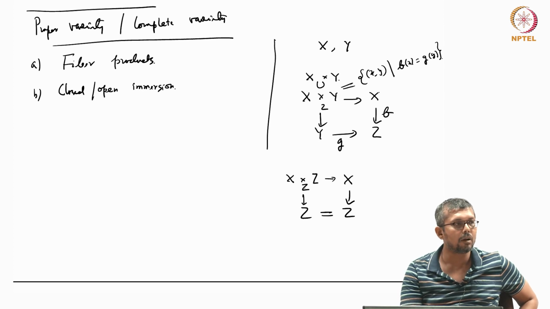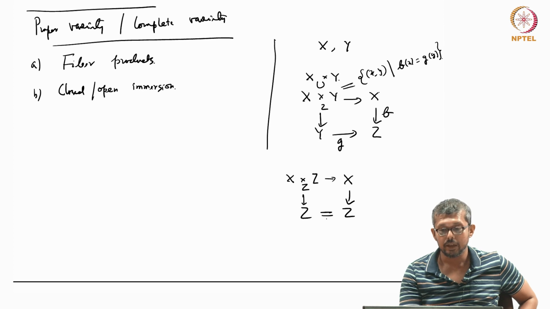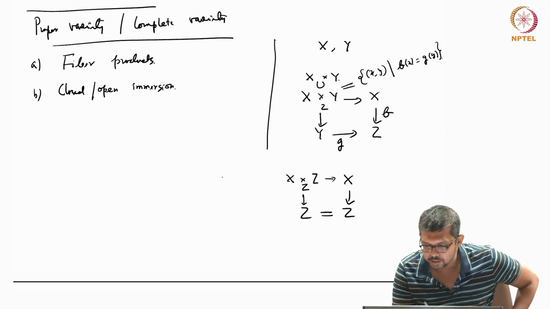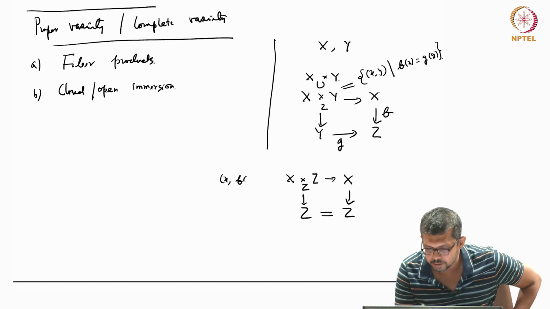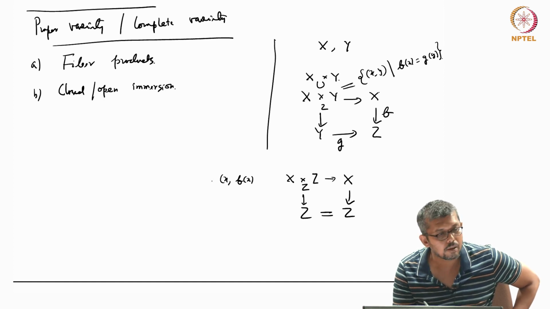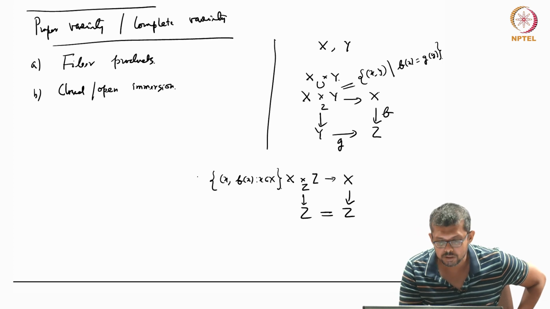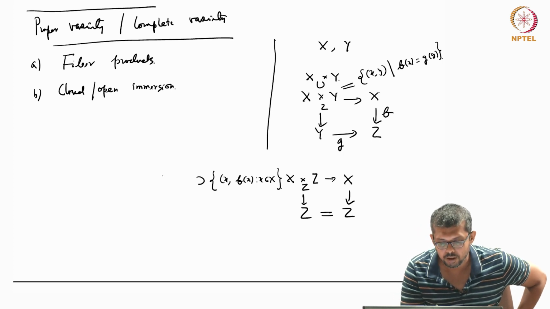As a set, it is (x, f(x)) with x belonging to X. So this is basically the graph of f.